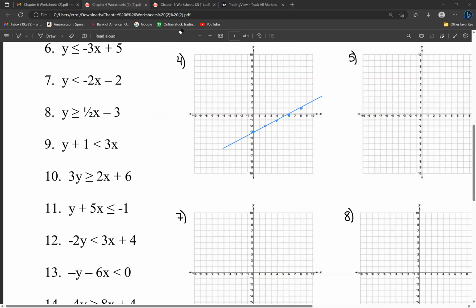Because it's greater than. Exactly. And does it include that line or exclude that line? It includes the line. Why does it include the line? Because it's equal to or greater than. Exactly, because it's greater than or equal to. See what I'm circling? Because of that.